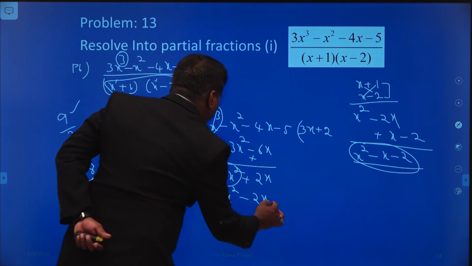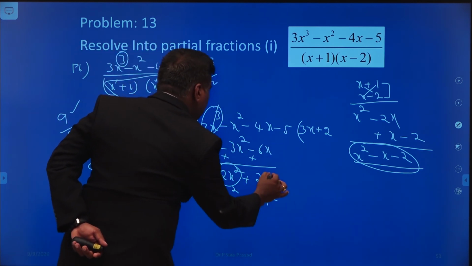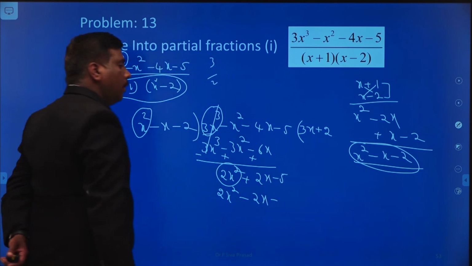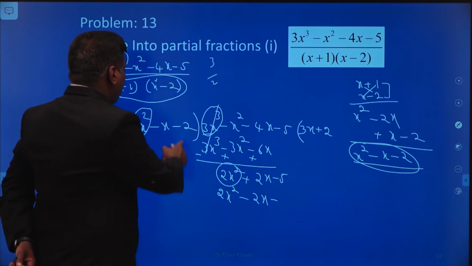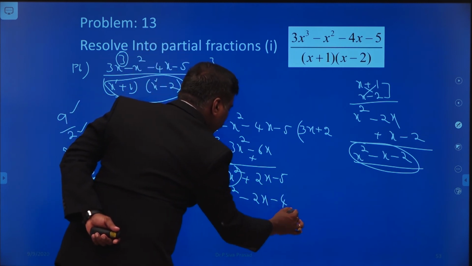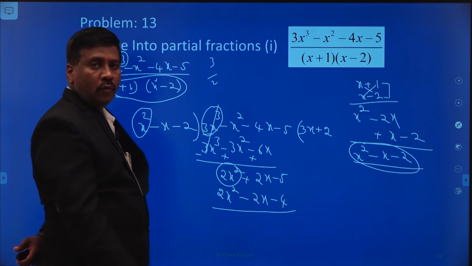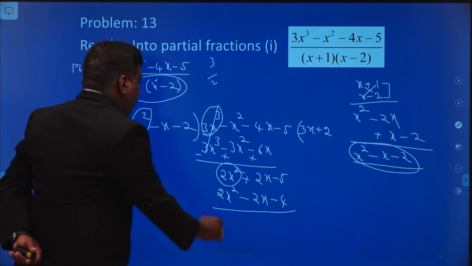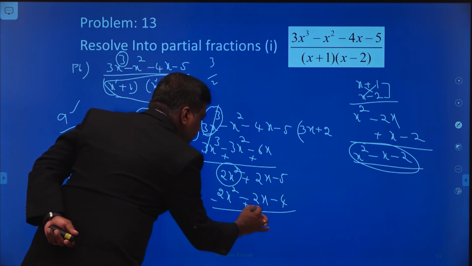So minus of minus 2x, and this is minus 5 that I keep here. Now multiply with 2, then 2x square minus 2x minus 4. Minus 4. Now I have to change the signs: minus, plus, plus.